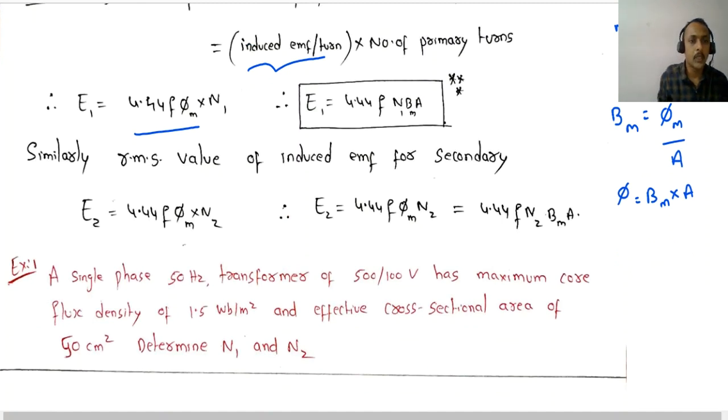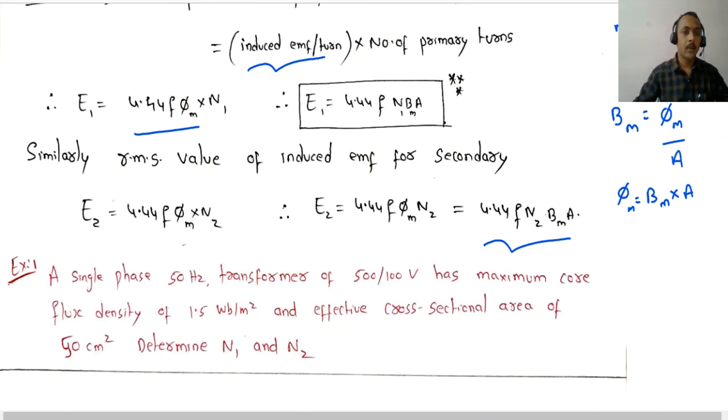E2, the RMS value of the induced EMF for the secondary, is given by 4.44 f phi m N2. In the place of phi m, you can write Bm, the maximum flux density, into area, so 4.44 f N2 Bm A. These are the two equations which describe the induced EMF in the transformer, right?